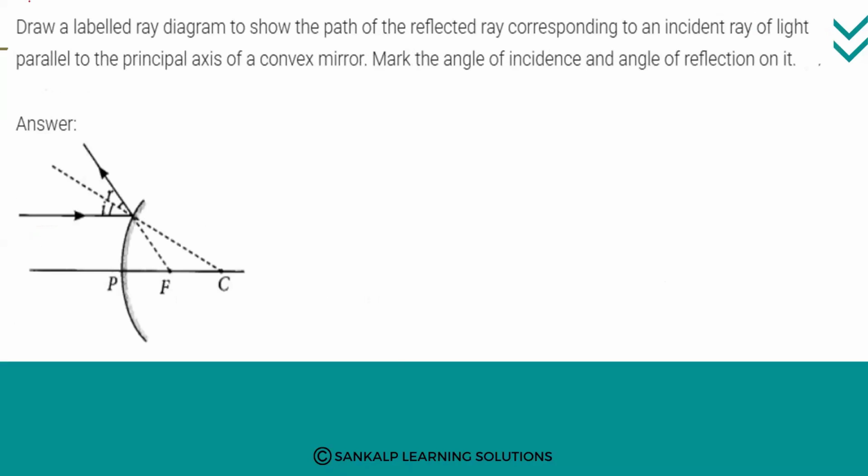Next one. Draw a labelled ray diagram to show the path of the reflected ray corresponding to an incident ray of light parallel to the principal axis of a convex mirror. Mark the angle of incidence and angle of reflection. So here this is the principal axis and this is a ray diagram for a convex mirror.